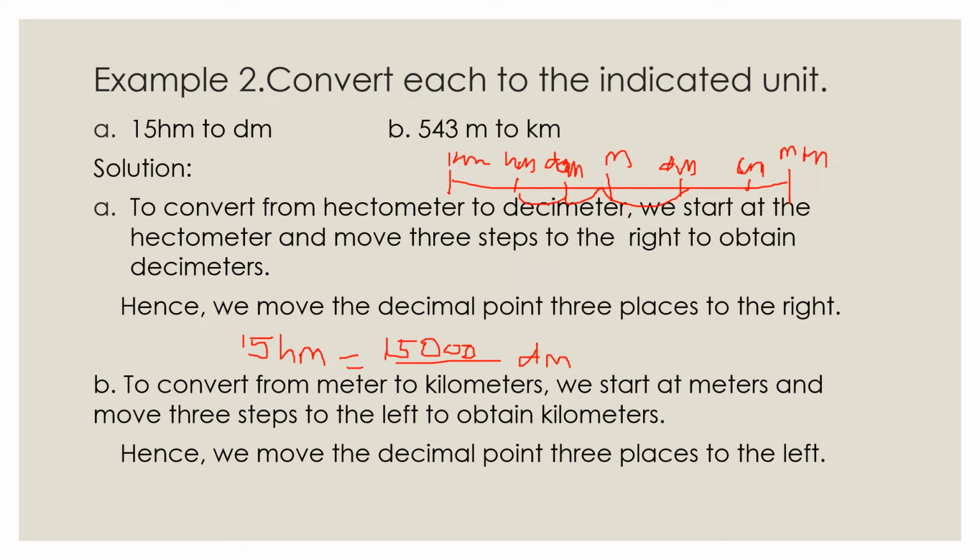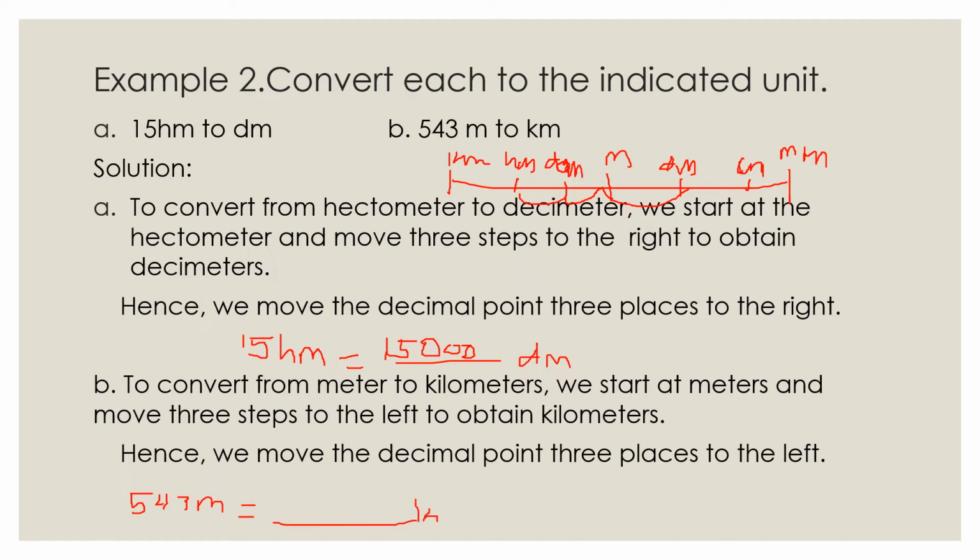To convert from meter to kilometer, we start at meters, move 3 steps to the left to obtain the kilometer. So, this is the second one: 543 meters is equals how many kilometers, no?